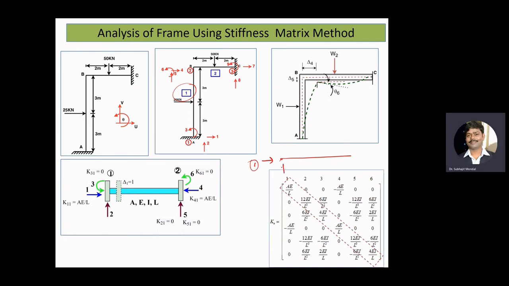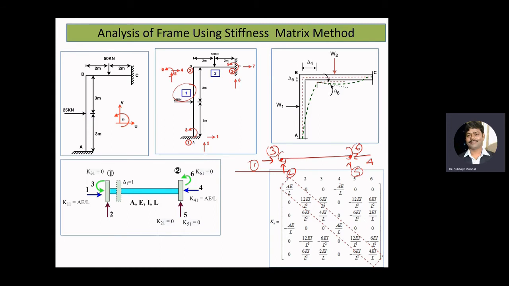The second degree of freedom we'll consider acting transversely. The third degree of freedom we're going to consider corresponds to our rotation. Okay. So in one node we have 3 degrees of freedom, and on the other side again we'll have an axial degree of freedom, a transverse displacement degree of freedom, and a rotation degree of freedom.